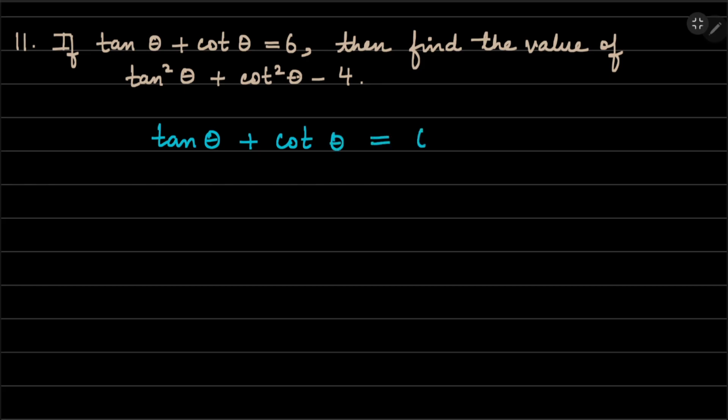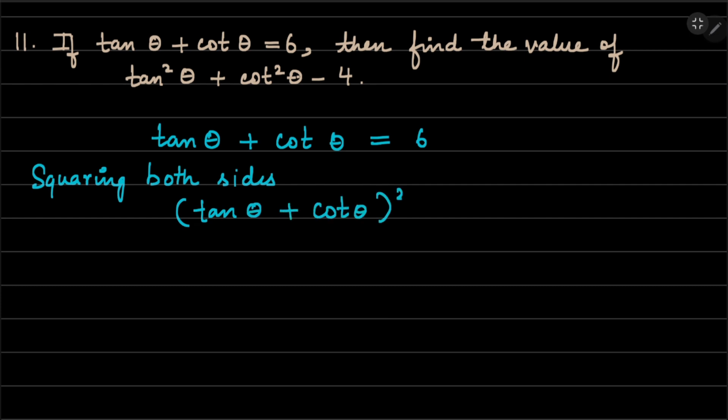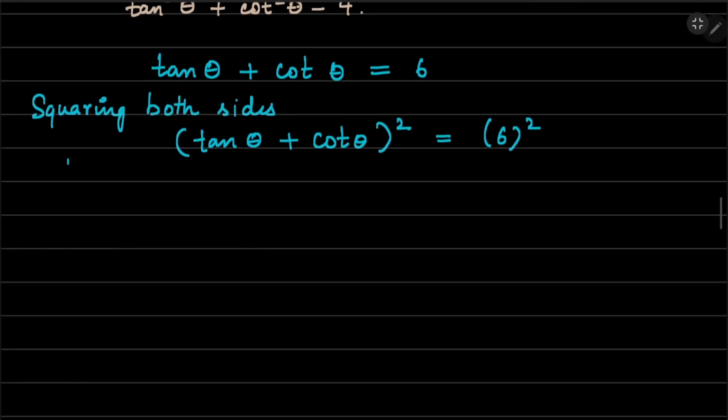Tan plus cot theta equal to 6. And then we have to square both the sides. So what do you have? Right, writing the steps is very important. So tan theta plus cot theta, the whole square is equal to 6 square. Don't write directly. Okay. And then you expand it using (a plus b) the whole square.